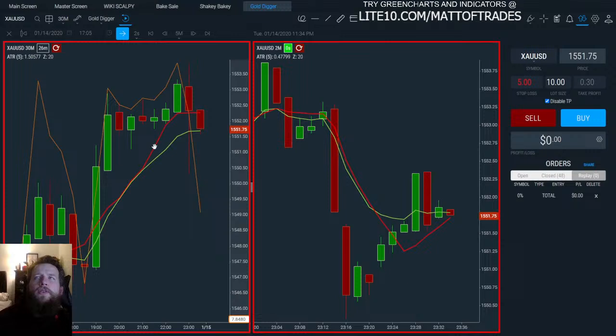So the blues are very useful. The thick blue is good to let us know when maybe to get out of a trade. You know what, let's just go with the thin orange and the pressure. And then same strategy on our smaller time frame.